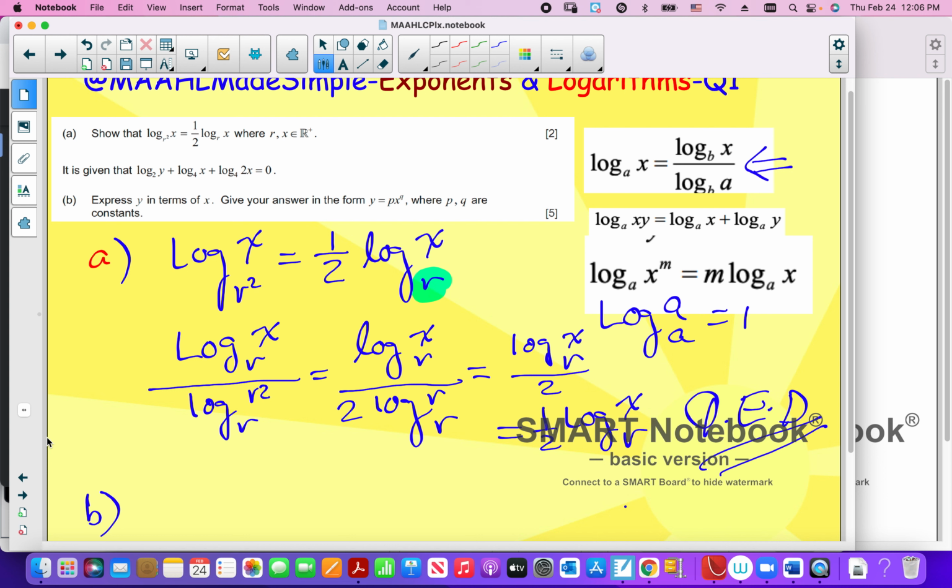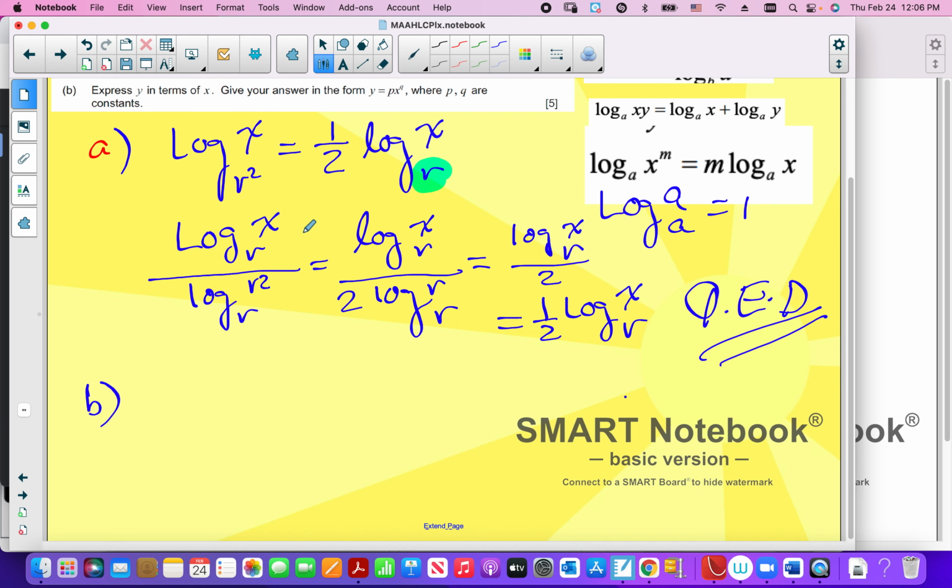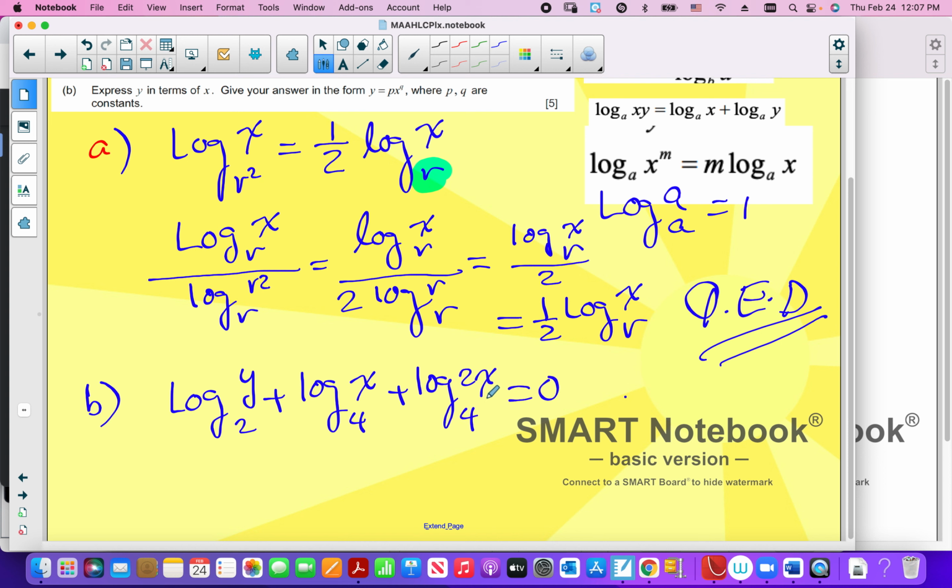He wants y in terms of x, to be expressed as y is equal to p x to the power q. Alright, so we have log y base 2 plus log x base 4 plus log 2x base 4 equals 0.